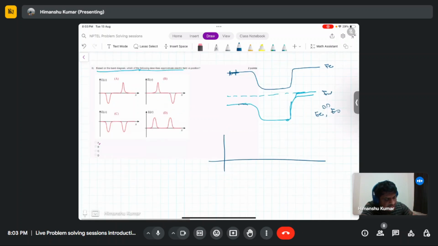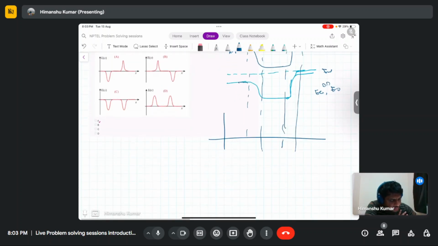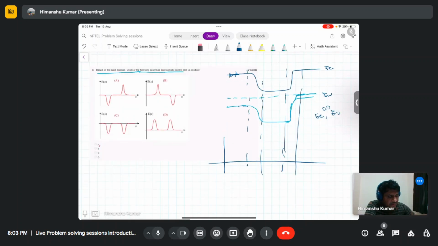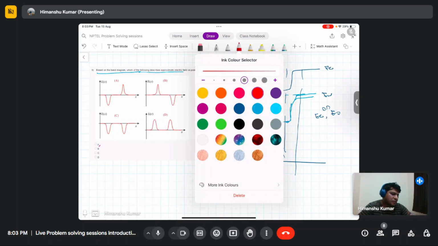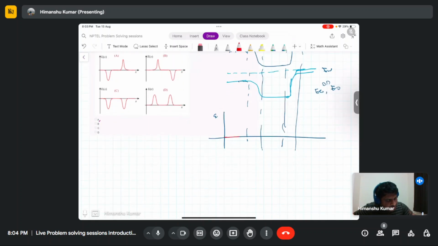Let's divide this into some regions and see what the profile will be in each region. Up to here the slope is flat, and the electric field is directly related to the slope of the conduction band or valence band, so it will also be 0.